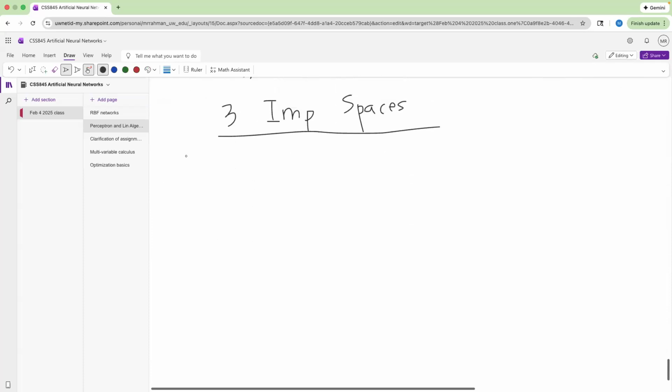The three spaces are metric spaces, normed spaces, and the third one is an inner product space.